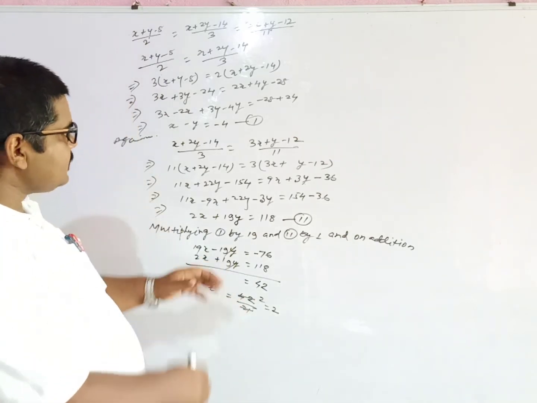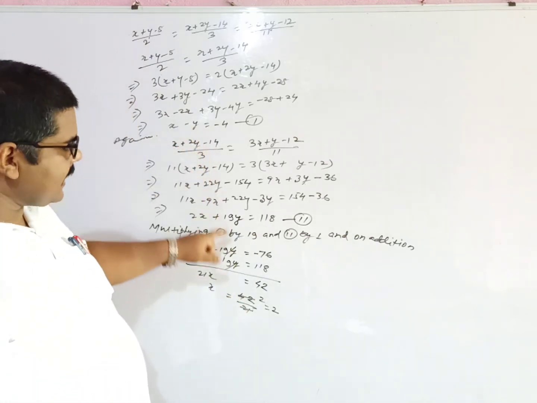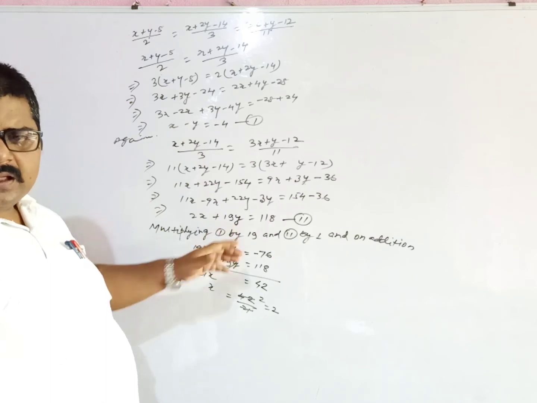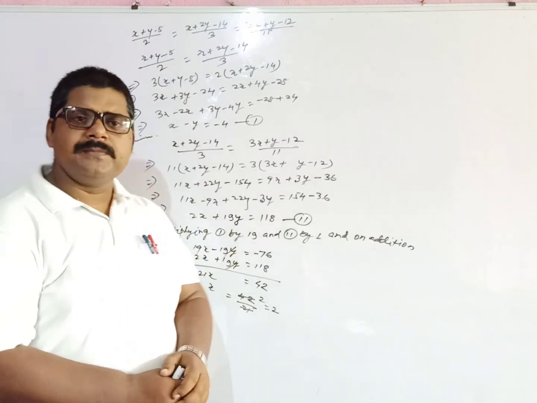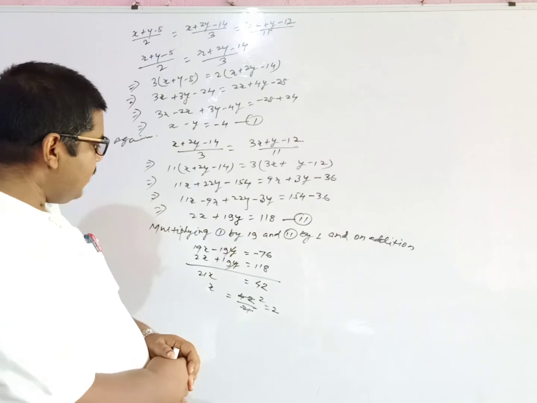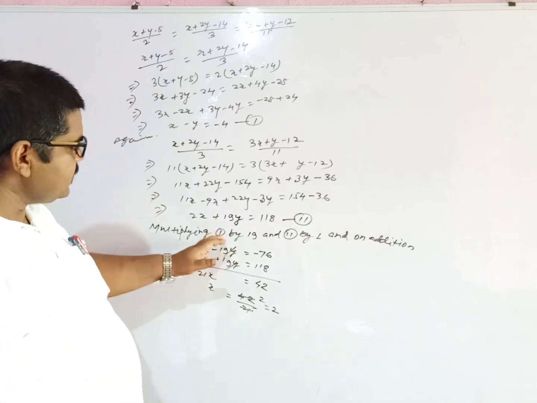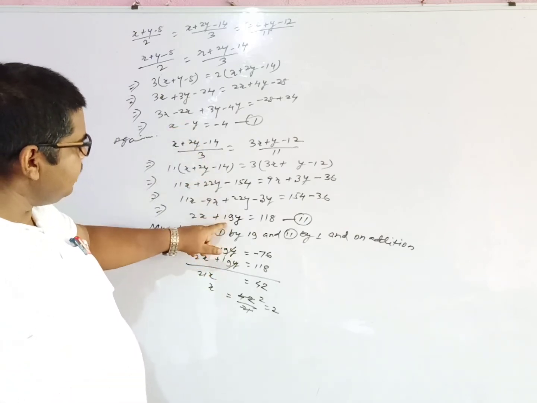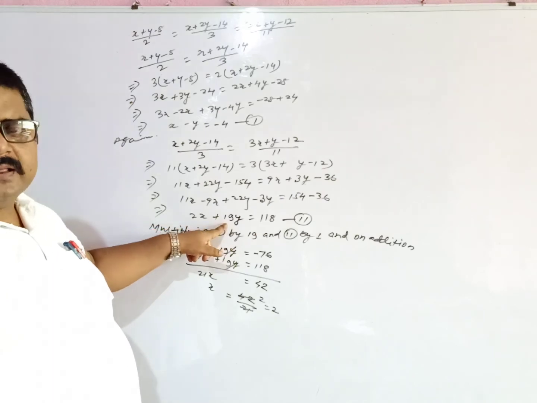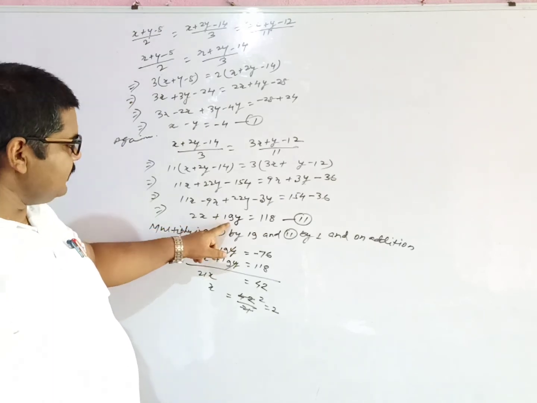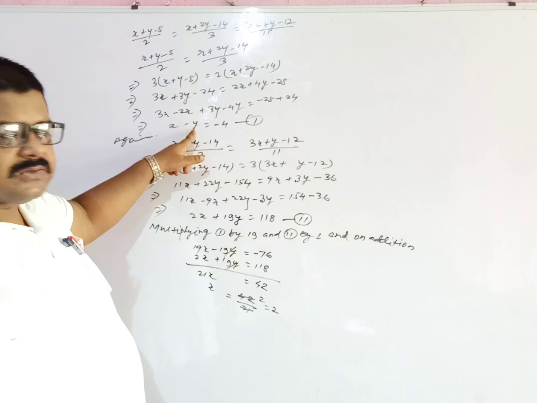Now the first equation has been given, the second equation has been given, and you need to solve these two equations by the elimination method. For this purpose, I need to make the coefficients of y equal, and this is 19y and this is y.